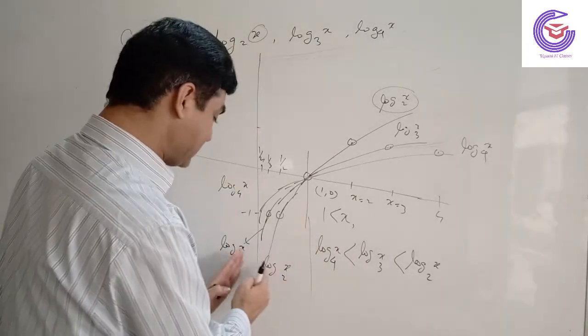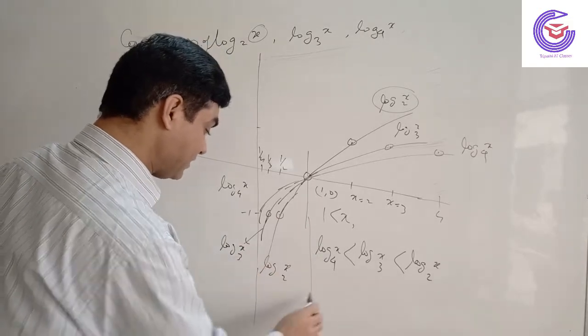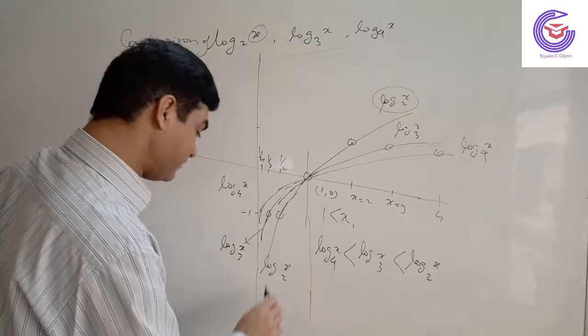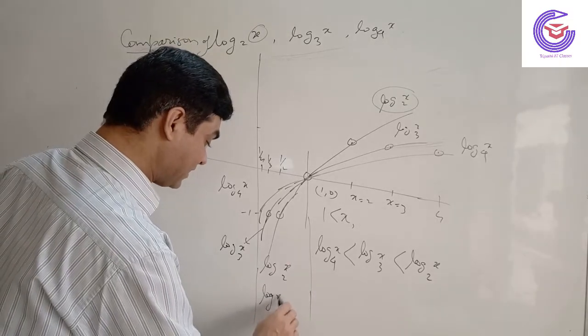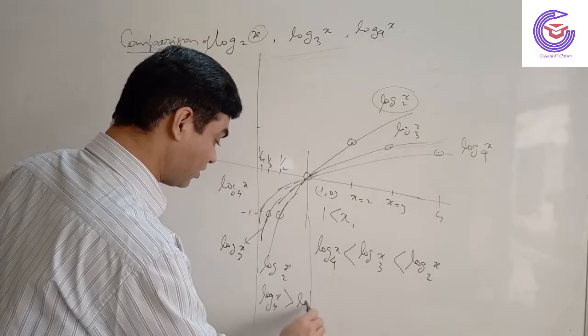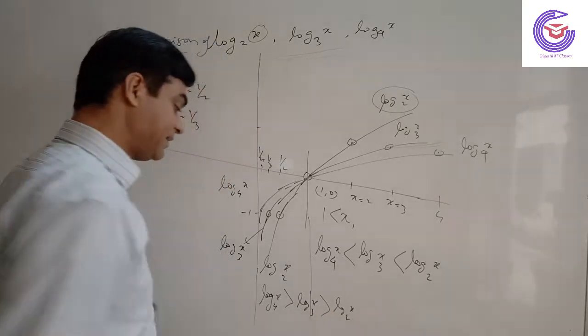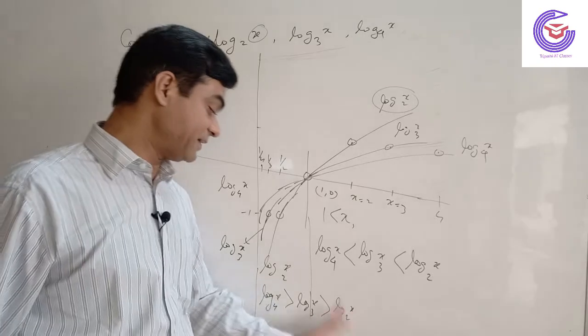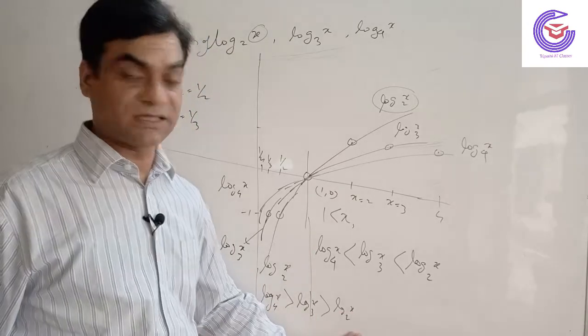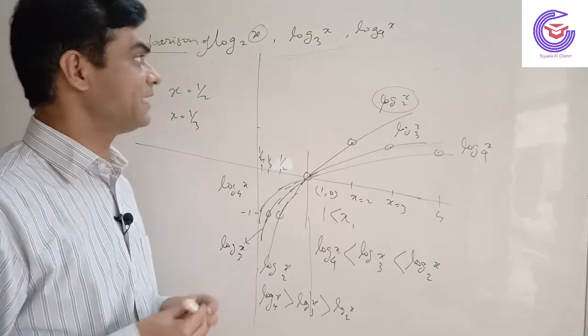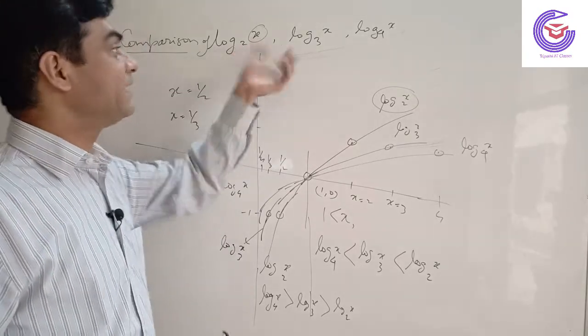And in the case of 0 to 1, you notice it is just reverse. Log x base 4 is greater than log x base 3, which is greater than log x base 2. So the condition is just reverse. So this is the comparison of these three graphs when the base is greater than 1.